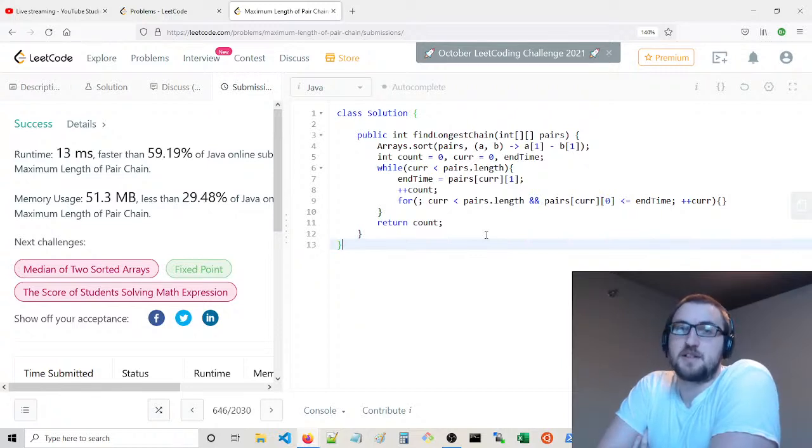The interval to select to achieve that is going to be, of all the disjoint intervals, the one with the smallest end time. And at the very end, there is a point where we've actually included all of the possible intervals that we could consider.